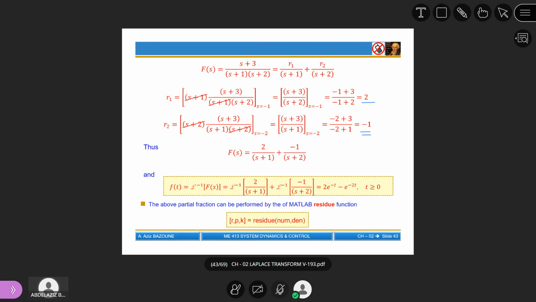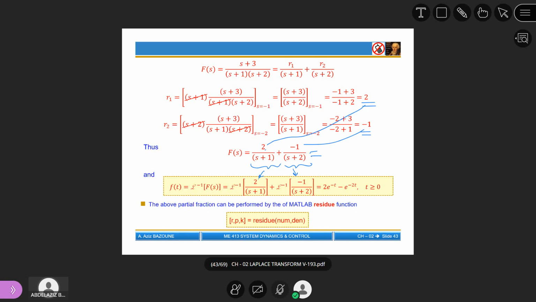So we found R1 and we found R2. We substitute R1 is this one, R2 is this one, and then you go to your table, and you will see this is simply a constant, so it is 2. So g of t, or if you want f of t, will be the inverse Laplace transform of this quantity plus the inverse Laplace transform of this quantity, like we are doing here and here.